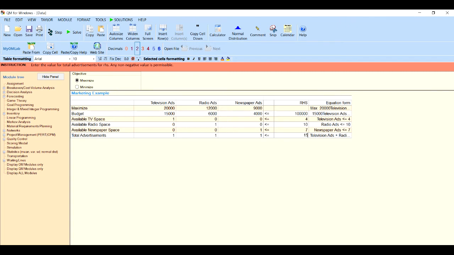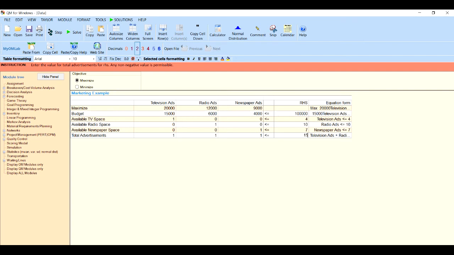So to recap, we want to maximize exposure, but we're limited by 5 different things. Number one, we have to stay under $100,000 total. We cannot do more than 4 television ads.